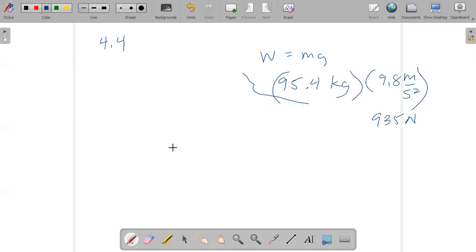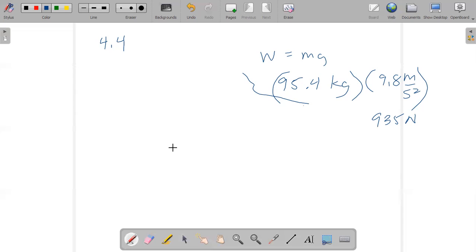You subtract it because when the elevator isn't moving, the man's pushing down on the scale and the scale's pushing back on the man. If the elevator is accelerating upward, the man's pushing down on the scale, and it's pushing even harder back on the man.